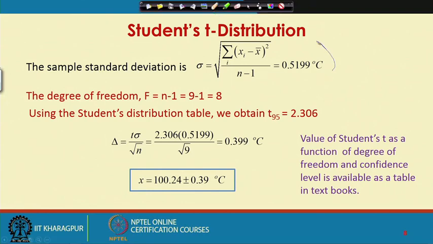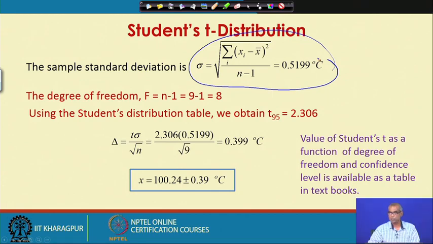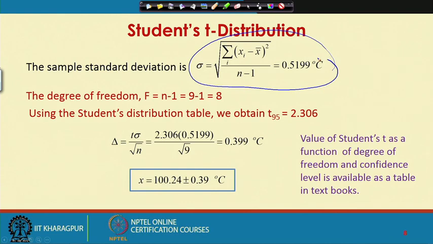So, we compute the sample standard deviation using the standard formula for standard deviation. The degree of freedom is the number of observations minus 1, which is 9 minus 1 equal to 8.